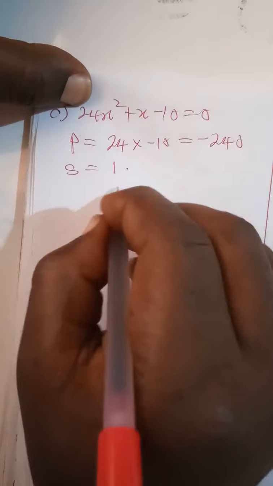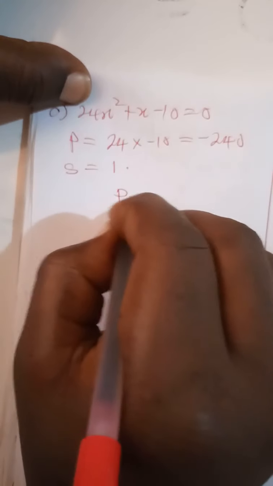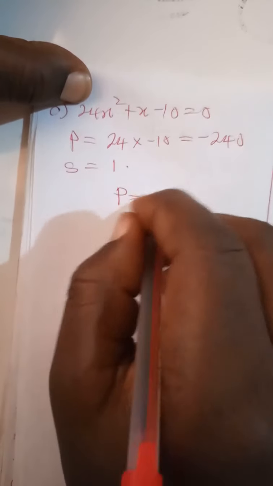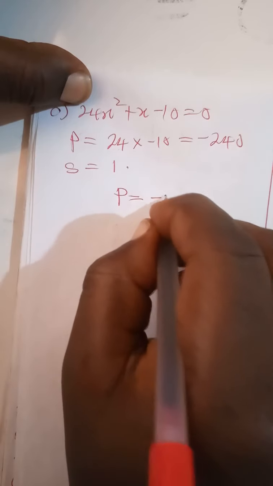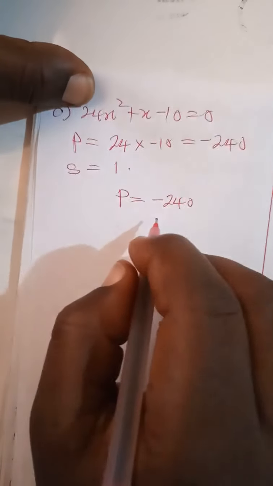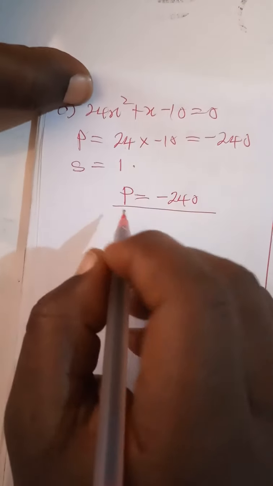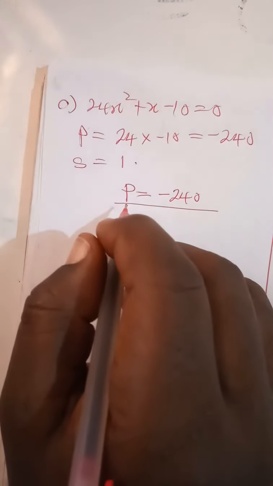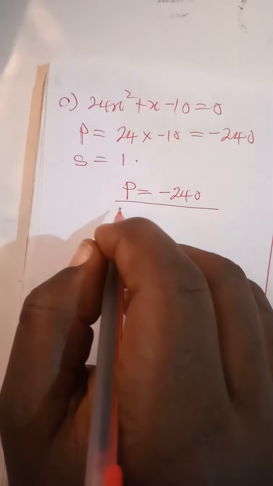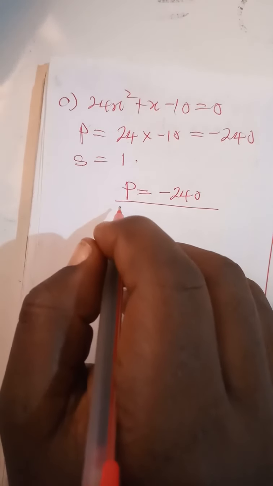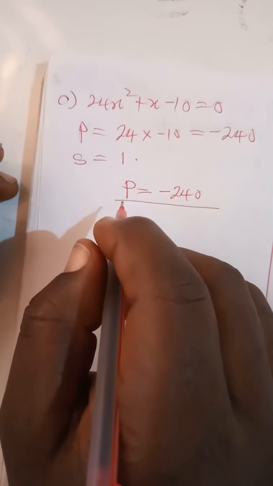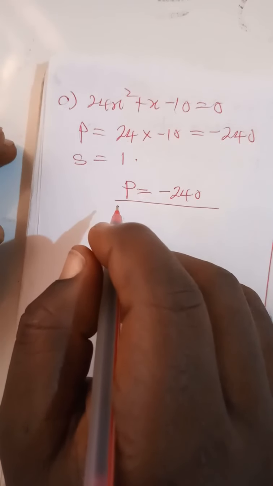Simple. So the product is used to get all the possibilities, minus 240, like this. So I'll start off by using 1. Do I really need to bother ourselves here?